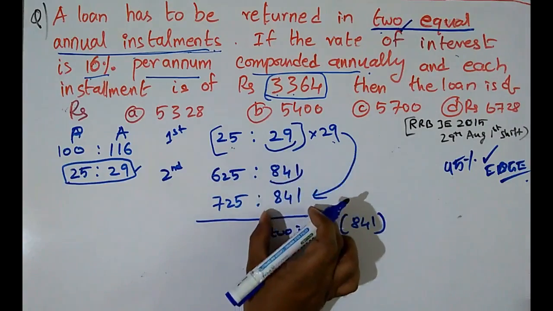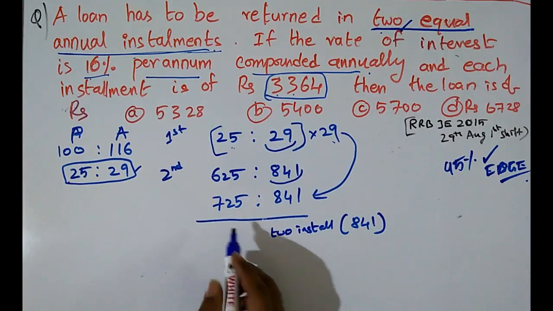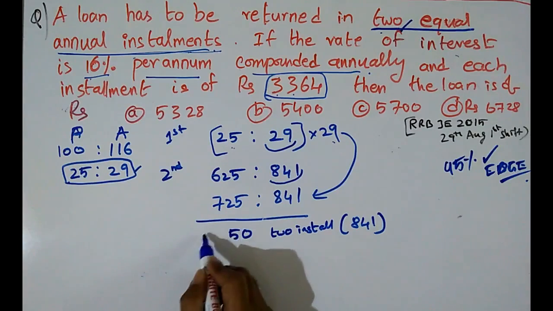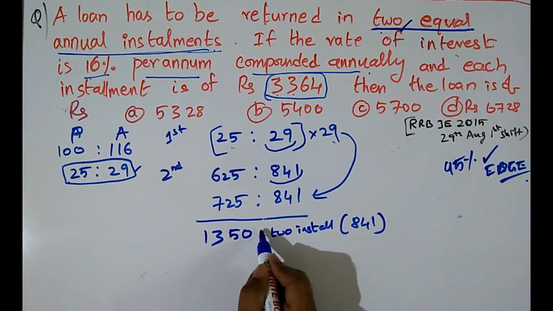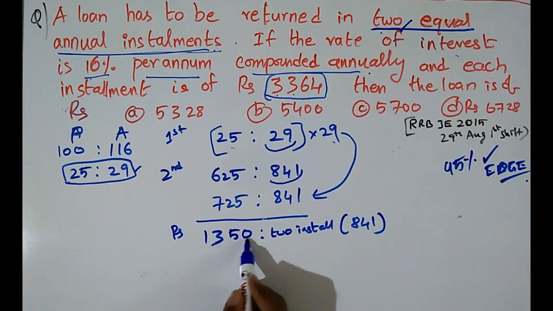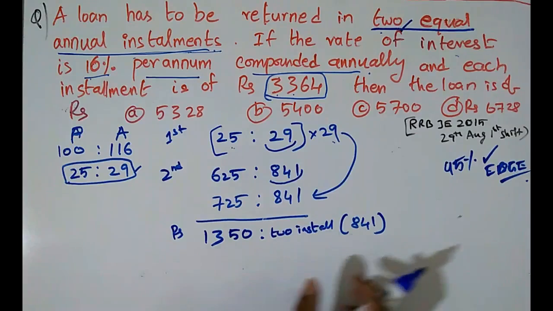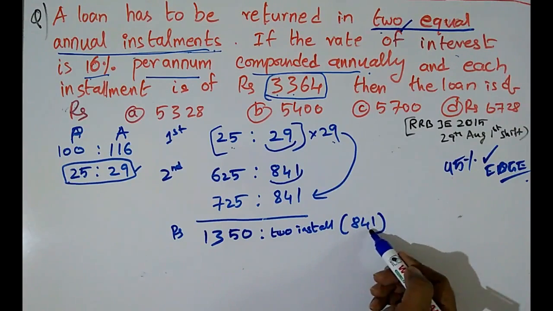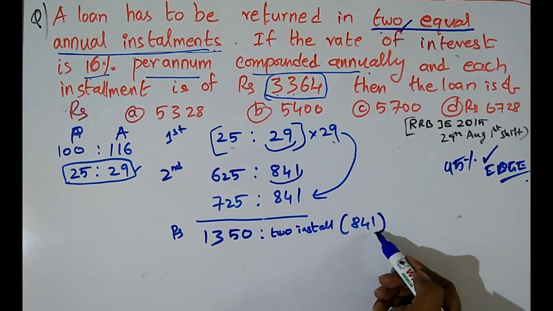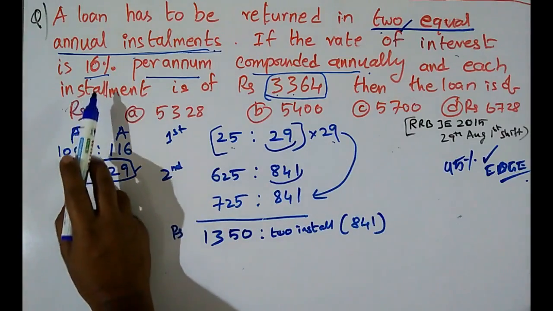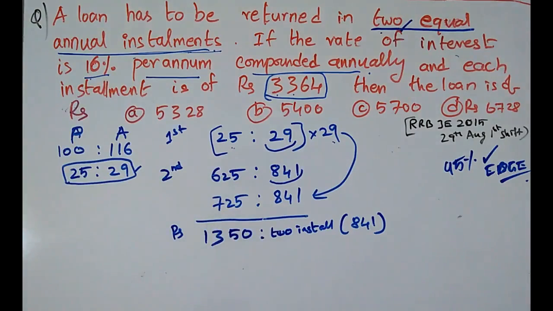This is the first installment, this is the second installment, and if you add this, 1350. Okay friends, if you take rupees 1350, then you have to pay two installments of 841 for the rate of interest of 16%.